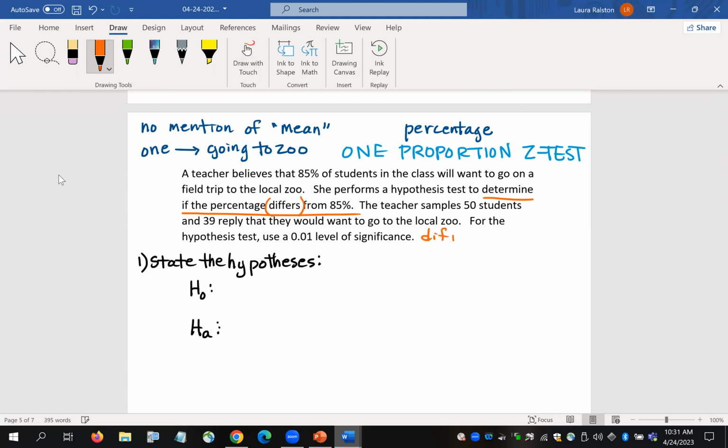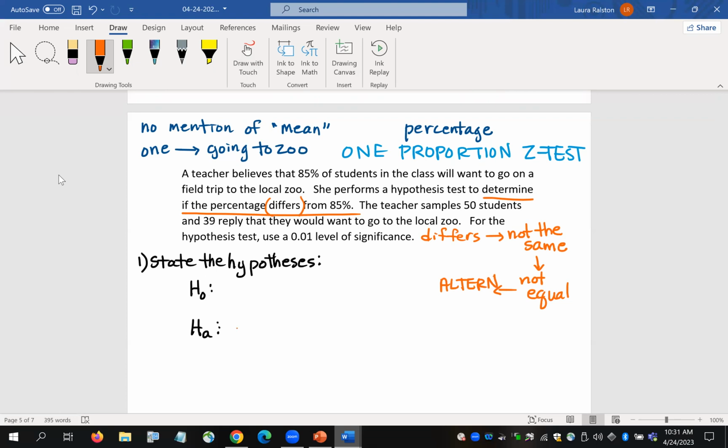Differs means it's not the same. Mathematically, that would imply not equal. And if it's not equal, that makes it the alternative.